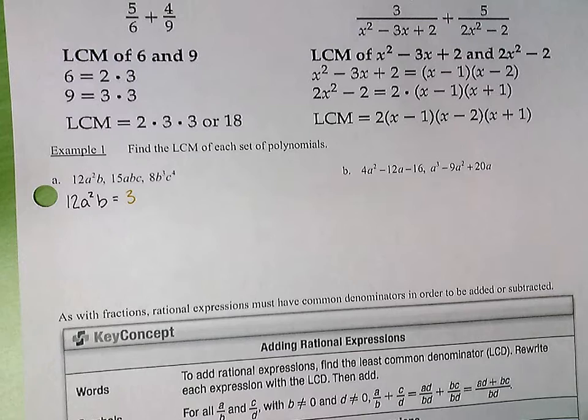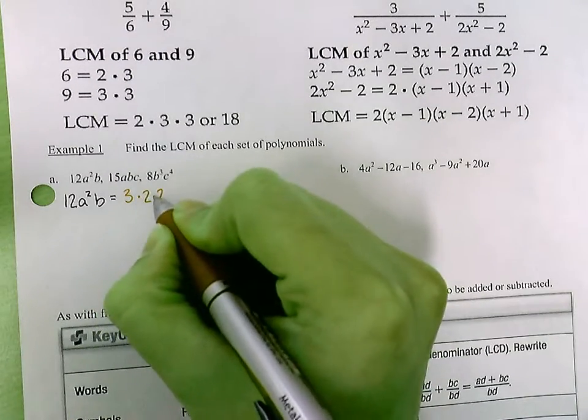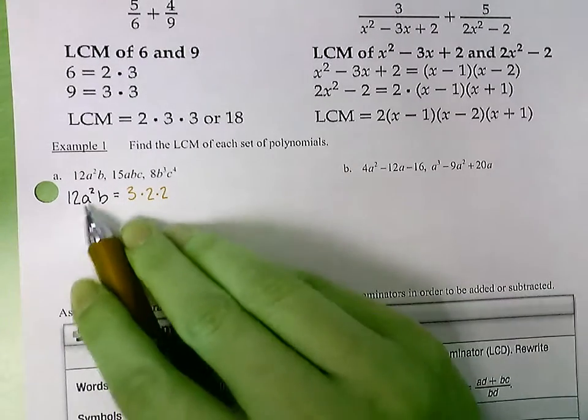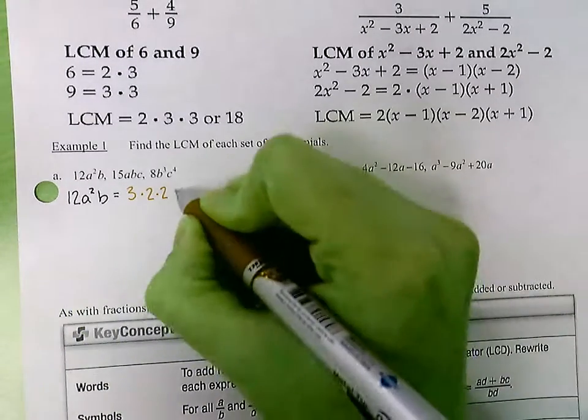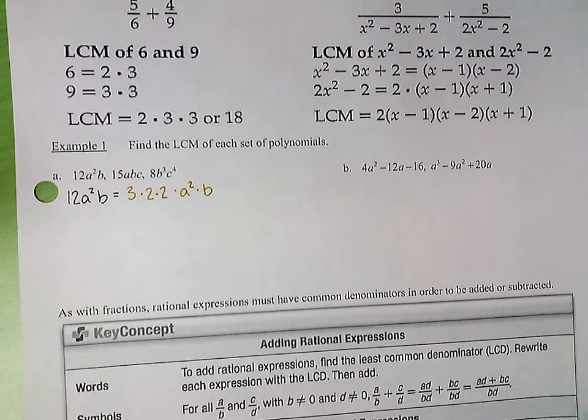How do you factor 4? 2 times 2. So 12 can be broken down into 3 times 2 times 2. And then I'm just going to rewrite a squared and b. You don't have to write a times a. You can if you want to, but you can just leave it as a squared.